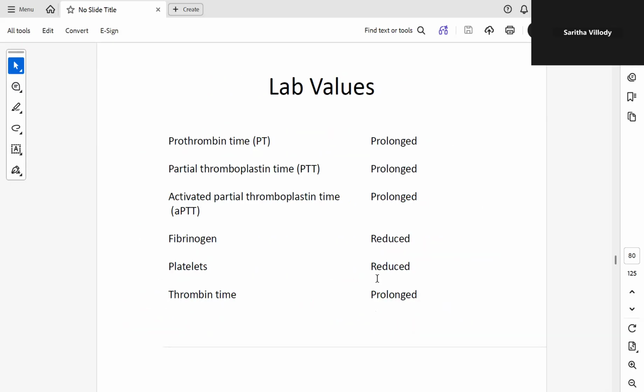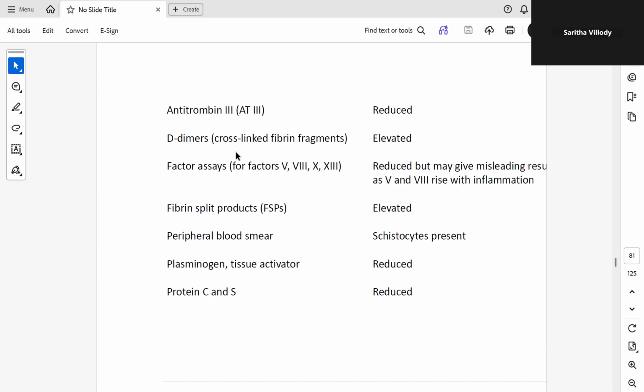You can also look at their lab values very closely and find out if they are going into DIC. So the prothrombin time, partial thromboplastin time, activated partial thromboplastin time will all be prolonged. The clotting factors like fibrinogen, platelets, etc. will be reduced. So all the times will be prolonged, but the factors will be reduced. D-dimer, we check the fibrin fragments.